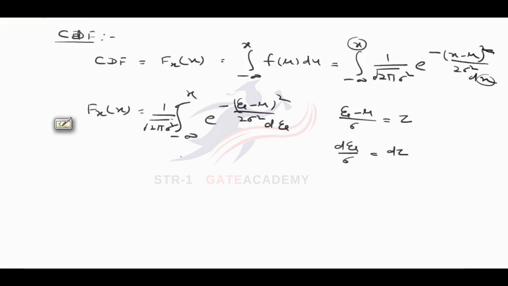By putting this value and modifying the limit: for the infinite limit, no change; for the x limit, a large change. 1 upon root 2 pi, sigma is used here instead of here, so dz and the remaining term is e power minus z square by 2.